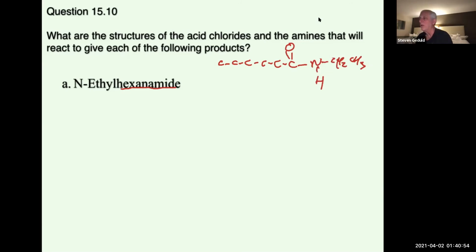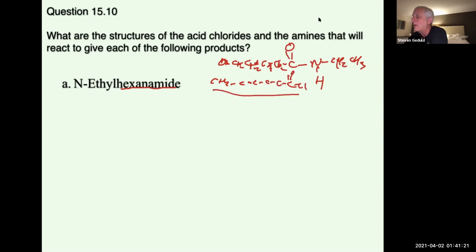So what do we need to start with? What are our starting materials to produce that product? We've got to start with the acid chloride, which is going to be CH3, CH2, CH2, CH2, CH2, so that was 1, 2, 3, 4, 5, 6 carbons, carbonyl group, and our chloride.